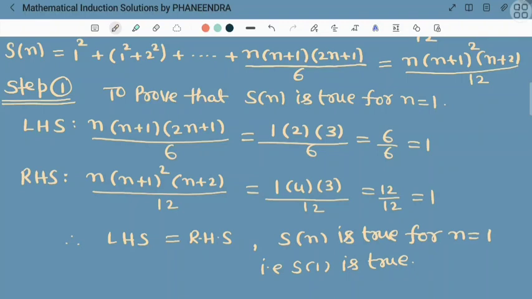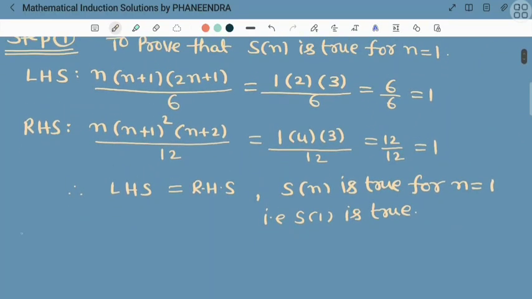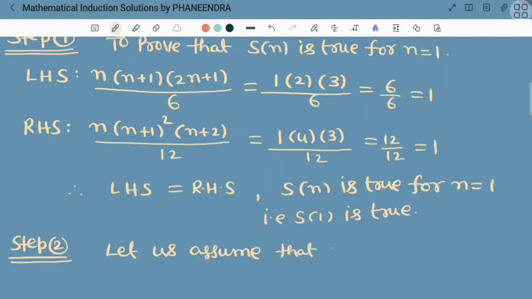Now we will move to the second step. In step 2, let us assume that S of n is true for n is equal to k. What is the meaning of S of n being true for n is equal to k?